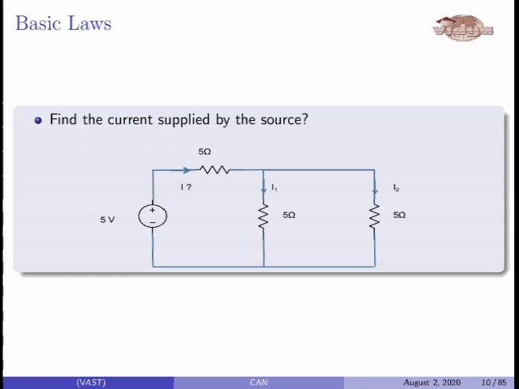Here the voltage across the parallel 5 ohm resistors is unknown, and the voltage across the 5 ohm resistance in series with the battery source is also unknown. So we cannot directly find the currents I1 and I2. Here also the total current I will be equal to the sum of I1 and I2, but we cannot find I1 and I2. That is the problem with this circuit.